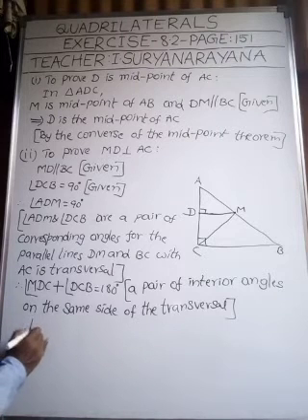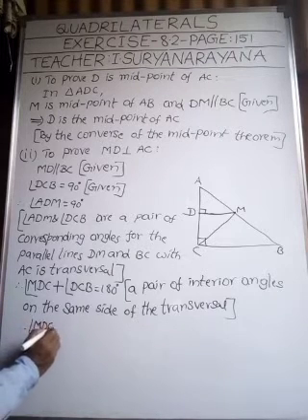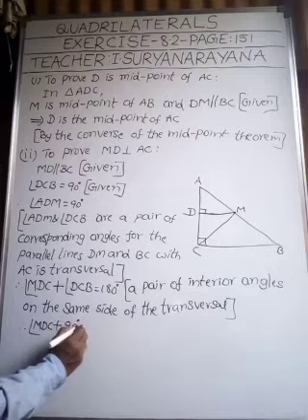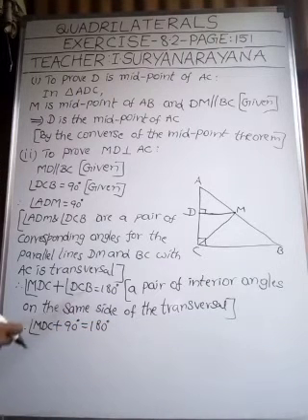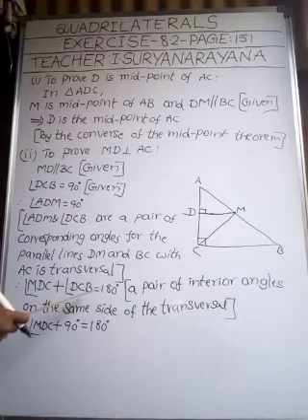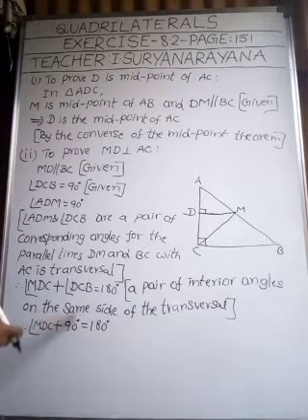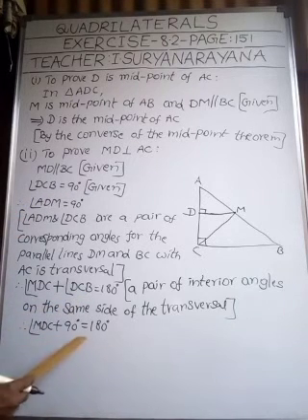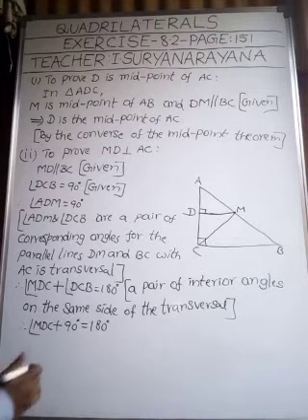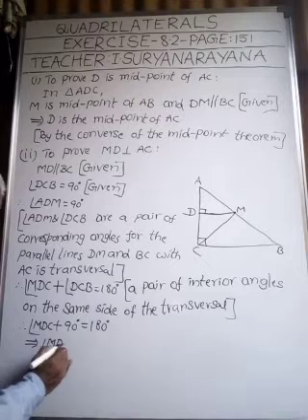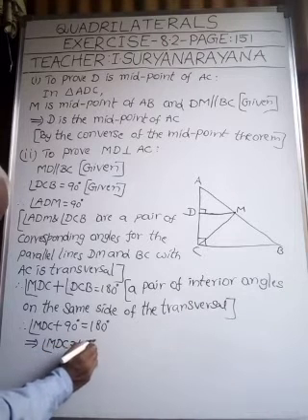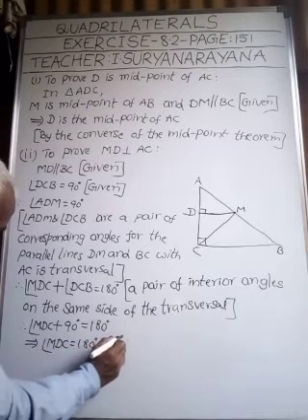Therefore, angle MDC plus 90 degrees is equal to 180 degrees. This implies angle MDC is equal to 180 degrees minus 90 degrees.